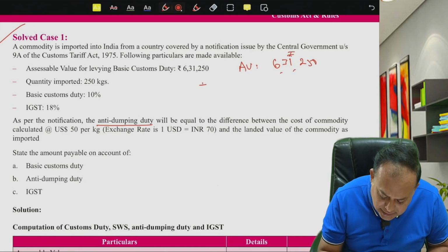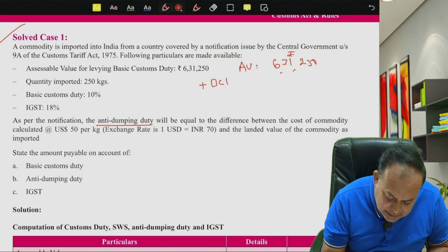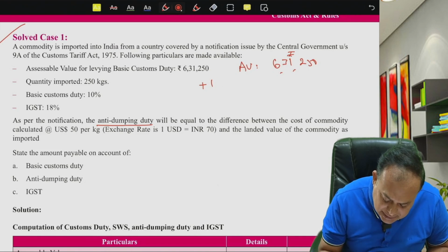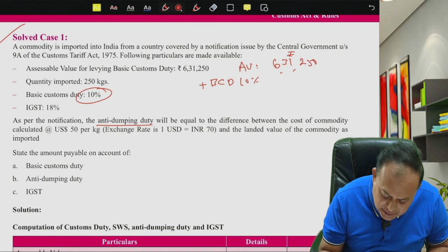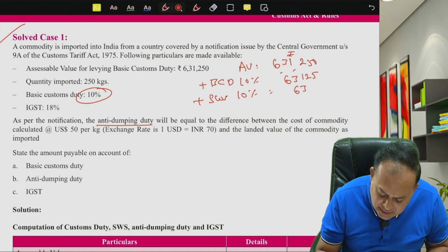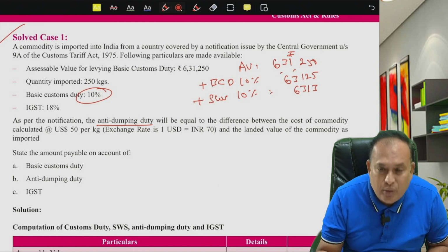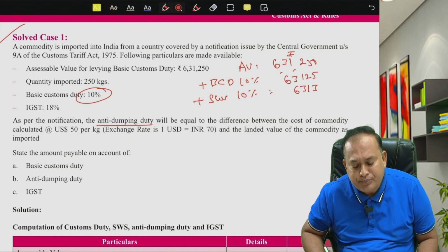Then add to that the basic custom duty, which is given here. How much? BCD 10%, which is 63,125, plus social welfare surcharge, which is 10% on BCD, 6,312.5, rounded off to the nearest rupee.